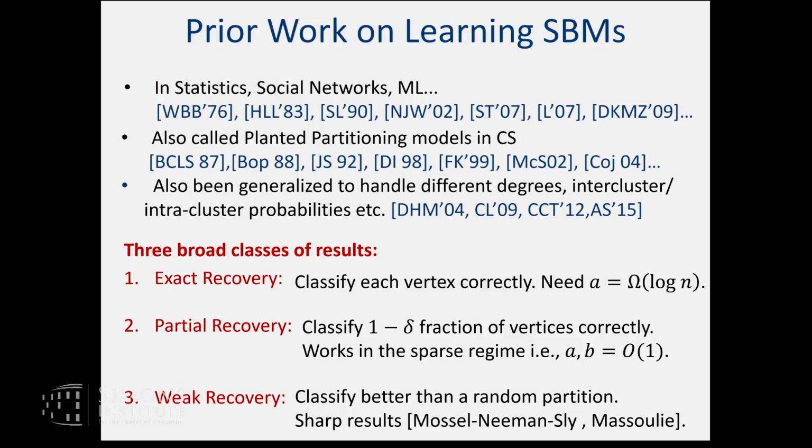In partial recovery, you care about classifying 90% of the vertices, so 1 minus delta fraction of all the vertices. And in weak recovery, you mainly care about just finding a partition that is better than random. These are the three broad classes of results that exist, and I'll go over a little bit about each of them.